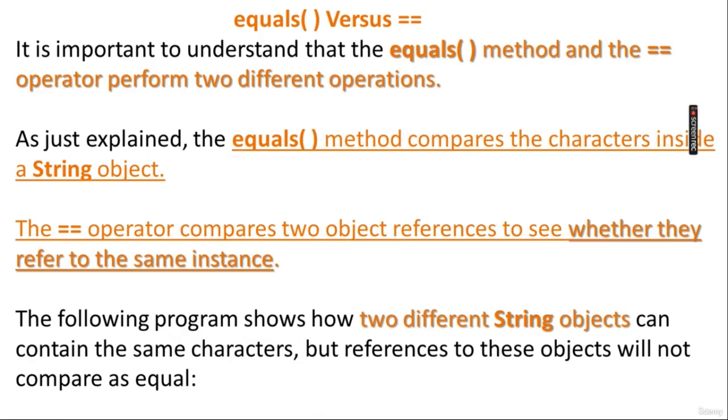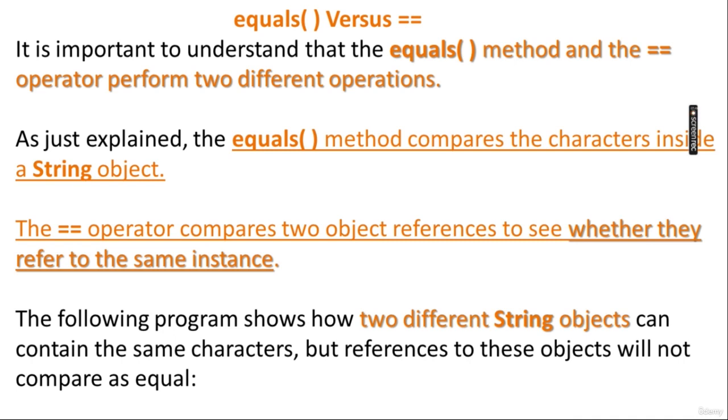Equals versus ==. It is important to understand that the equals method and the == operator are different. It seems to be the same, but they perform different operations. The equals method compares the characters exactly inside the string object, and the == operator compares two object references to see whether they refer to the same instance.